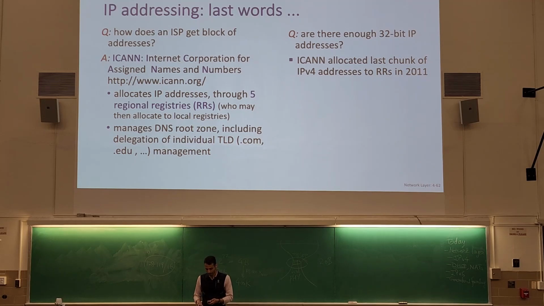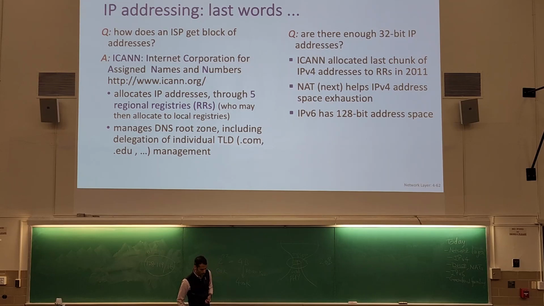I'll tell you why. But in the meantime, as a stopgap measure, since sometime in the 90s, we started relying on network address translators. NATs, or network address translation, came about as a stopgap measure, recognizing that the IPv4 address space is going to be exhausted very soon.